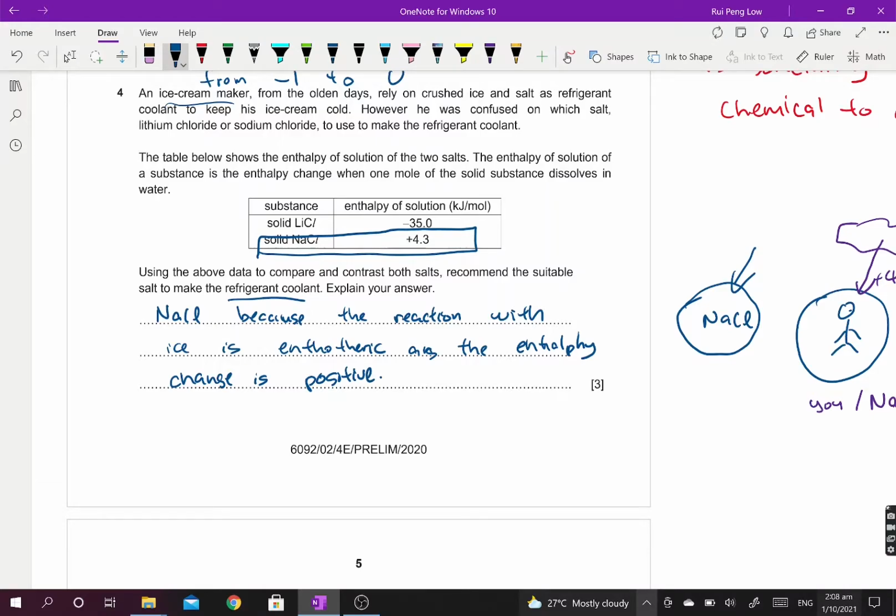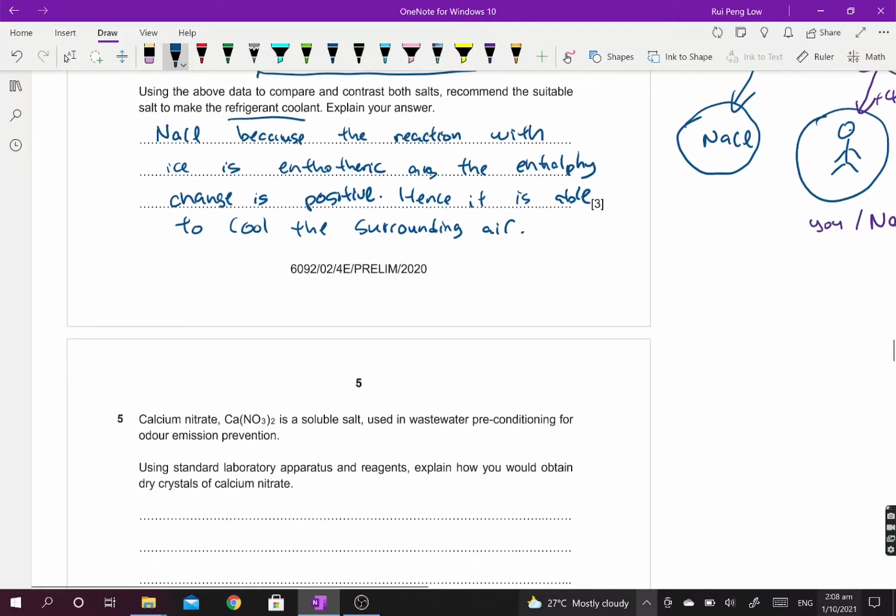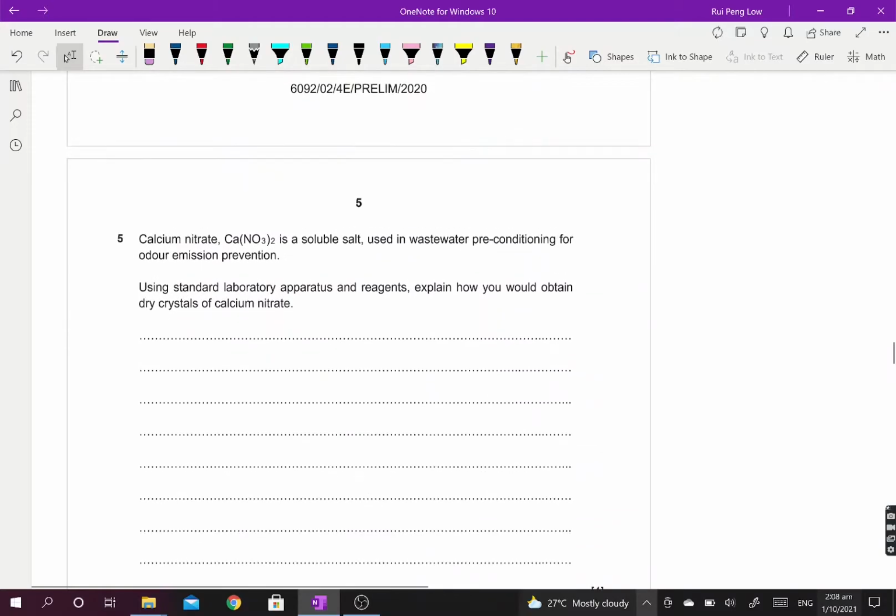Okay, so hence it is able to cool the surrounding air. All right. Okay, moving on.